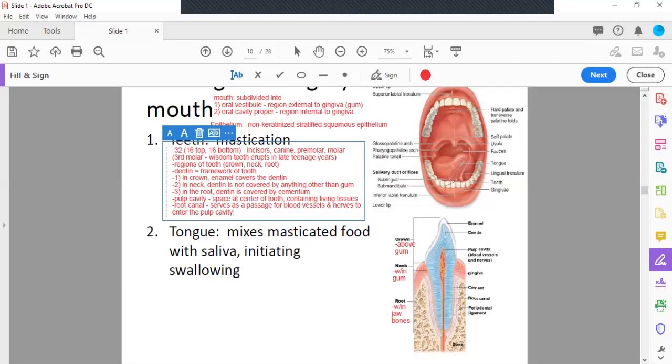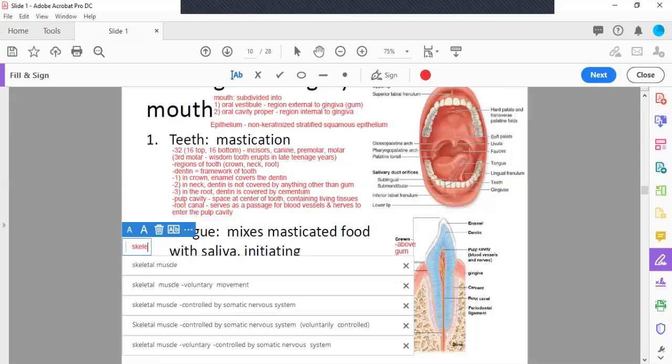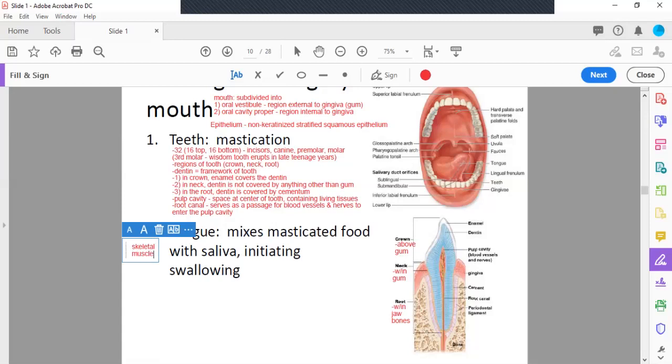All right, moving on to the next one. Let's go up to your tongue. So we know the tongue is a skeletal muscle. Controlled by CN12.